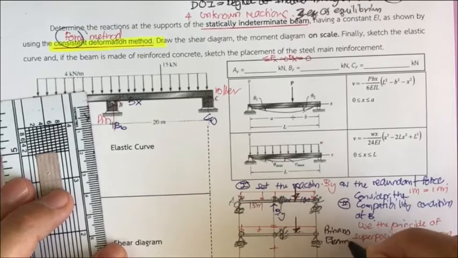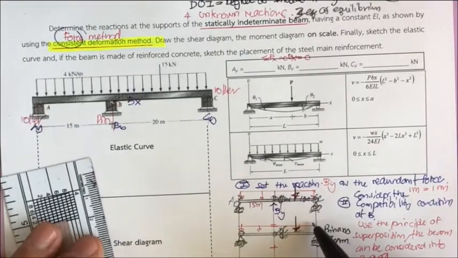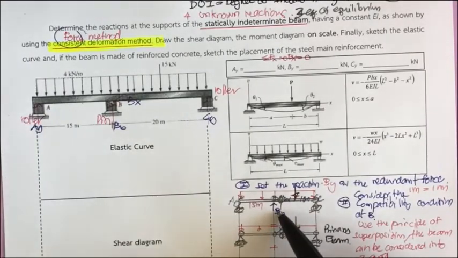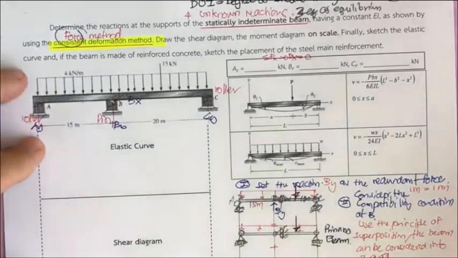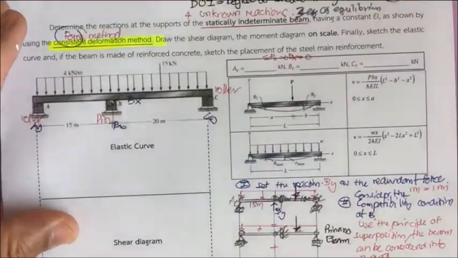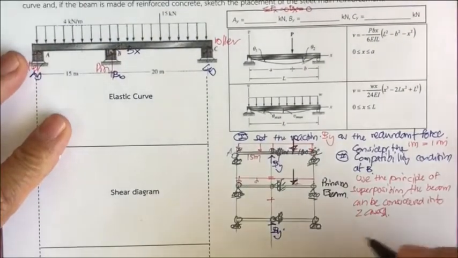The primary beam is the beam that is subjected to the applied force, plus another beam that is subjected to the redundant, which is B sub Y. Then we have to consider the deformation.